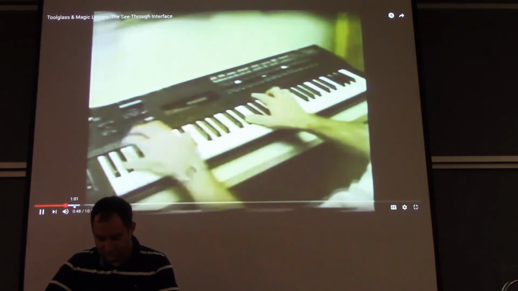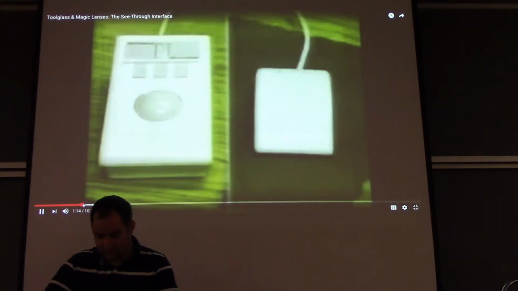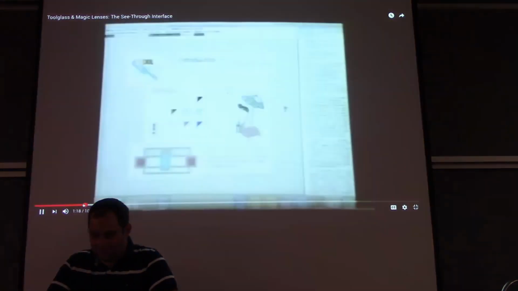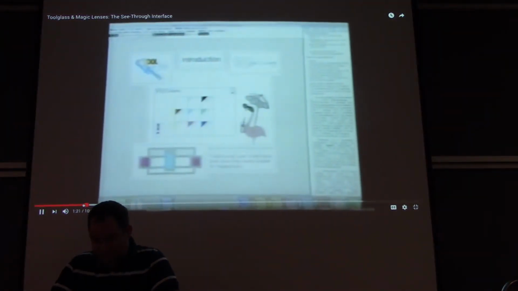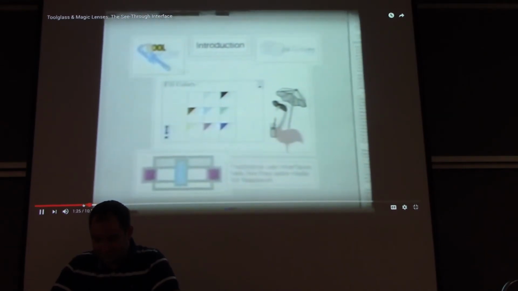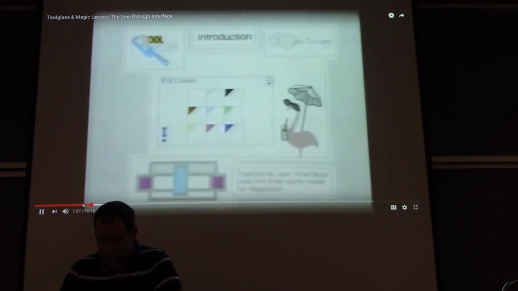Use two hands in concert to enhance our... It is equipped with a mouse for the user's dominant hand and a trackball plus thumb wheel for the user's other hand. This region of the screen contains a simple window system that we will use to demonstrate two new user interface techniques, tool glass and magic lenses.